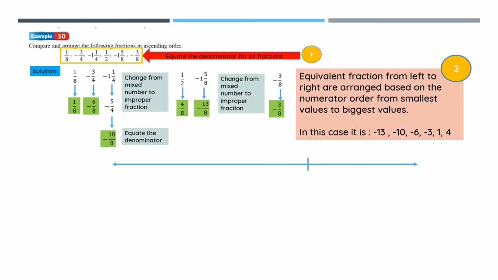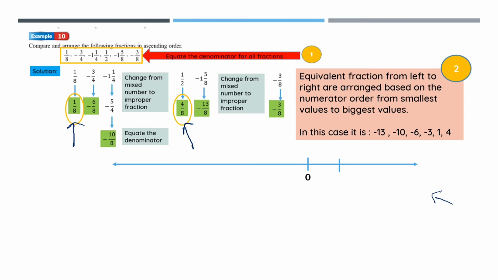Mark the 0. From the fractions that we already equate, there are two positive fractions which we need to put on the right side. It is 1 over 8 and 4 over 8. These are positive fractions, so we need to put them on the right side here.